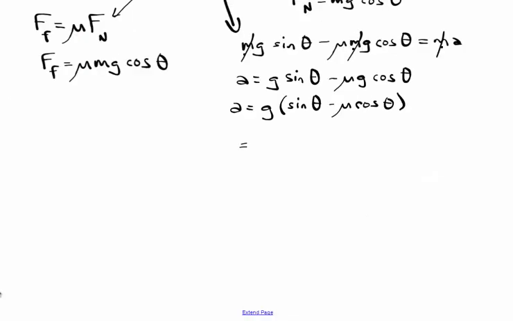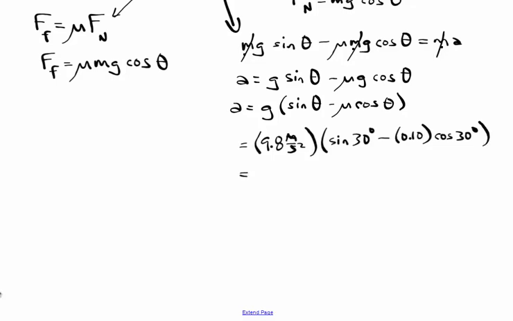We've got 9.8 meters per second squared times the sine of 30 minus 0.10 times the cosine of 30. And once my calculator is finished doing its job, I come up with an acceleration of 4.02 meters per second squared.